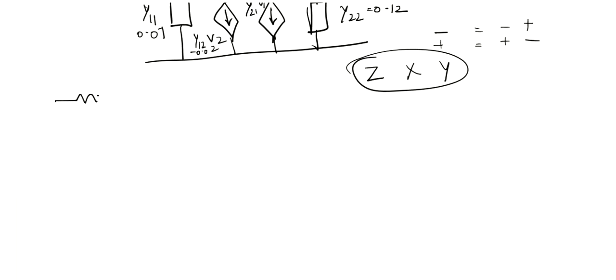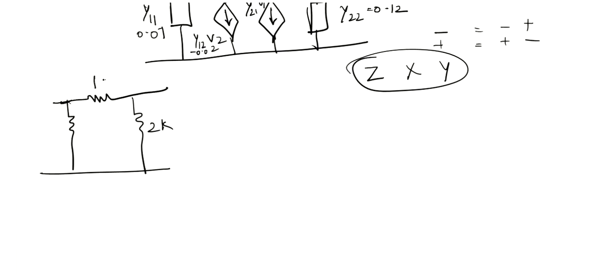So we have three resistors, given in kilo ohms: 1 kilo ohm, 5 kilo ohm, and 2 kilo ohm, with plus minus V1 and plus minus current value.